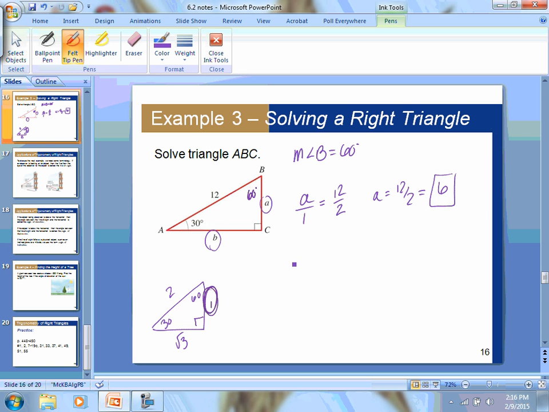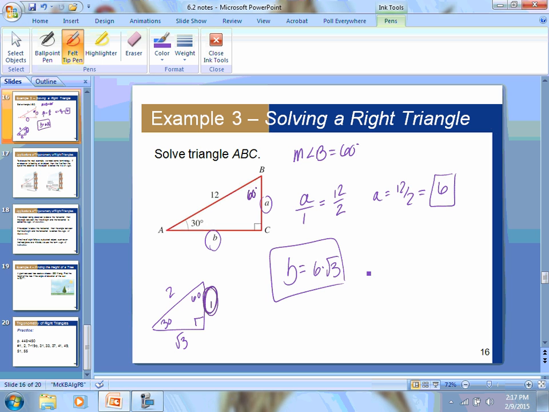So that's what we'll do to find B. I will just take 1, the measurement for this side, which is A, and I will multiply it by the square root of 3. So A I know is 6. So to find what B is, I'd have to multiply by the square root of 3. So it's just 6 square root 3. And you can leave it like that. That's a simplified radical. I can't do anything more to it unless I plugged it into my calculator and got a decimal for it.